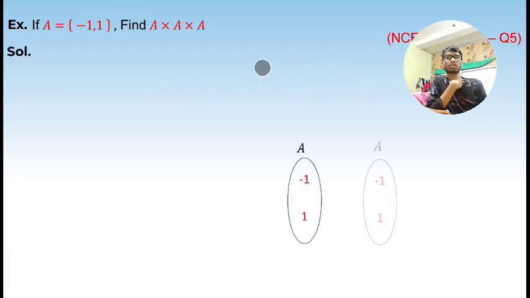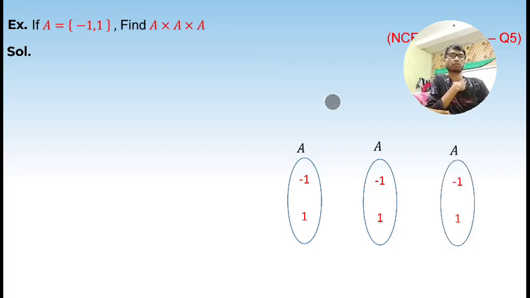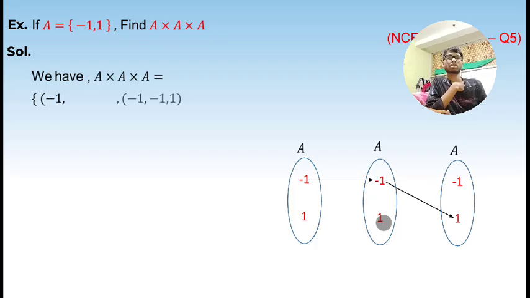Let's see here. First of all, minus 1 comma minus 1, then minus 1 comma 1, minus 1 comma minus 1 comma 1, minus 1 comma minus 1 comma minus 1, 1 comma 1 comma 1, like that.